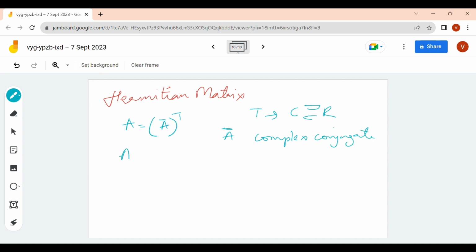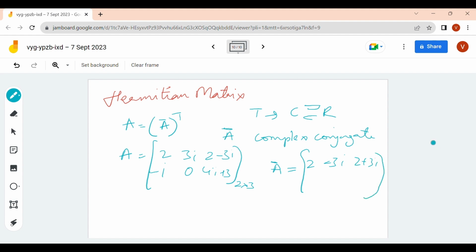For example, in A, if you have 2, 3i, 2 minus 3i, and minus i, 0, 4i plus 3. It is a 2 rows 3 columns matrix, and if I get A bar, I will have 2 and minus 3i, and 2 plus 3i, and 1, 0, 4 minus 3i.